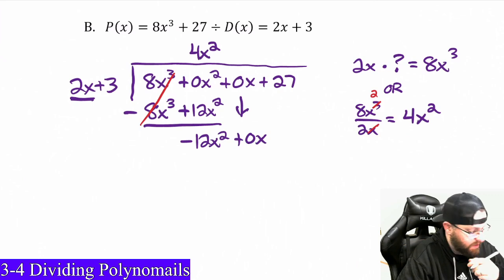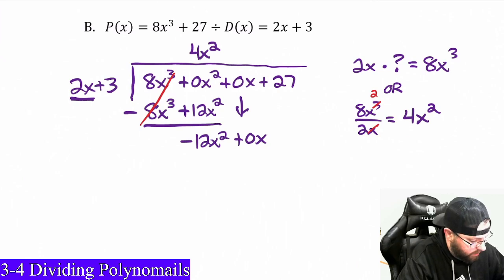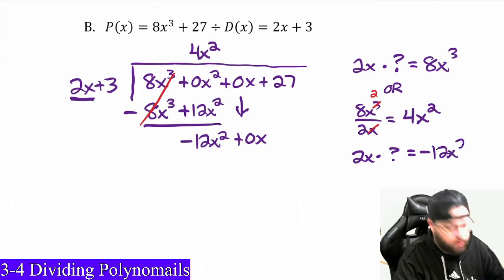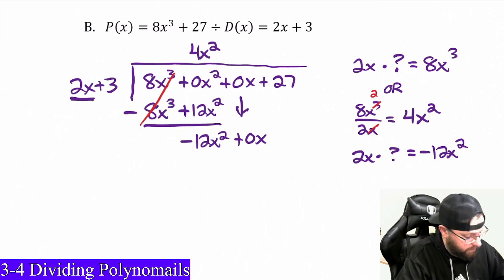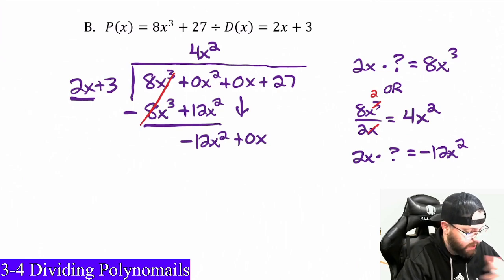Okay, and then once again, we're going to figure out what we need to take 2x and multiply by to get a negative 12x squared. So we know that if we multiply 2x times some number, we're going to get negative 12x squared.